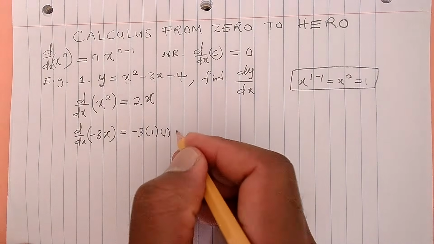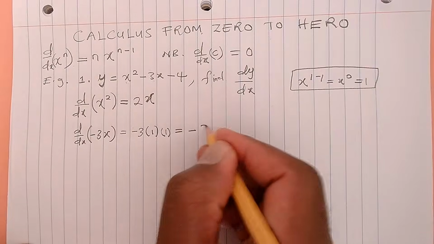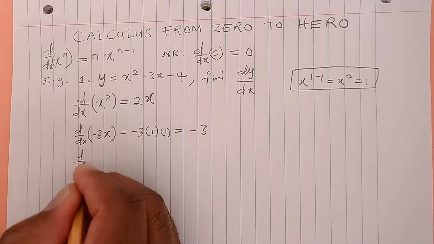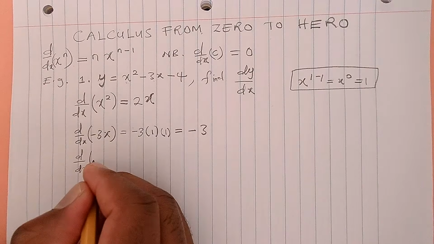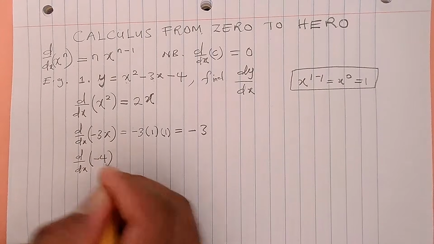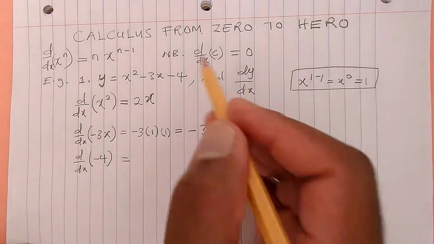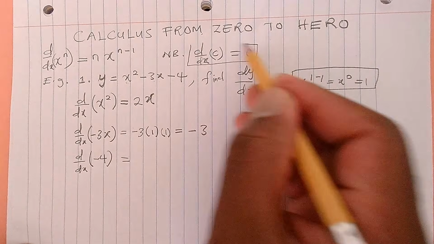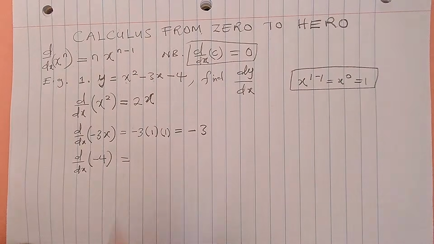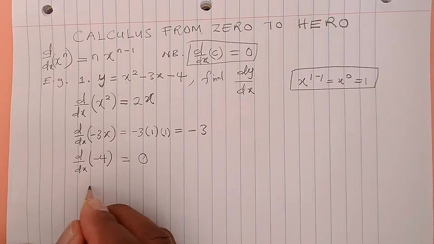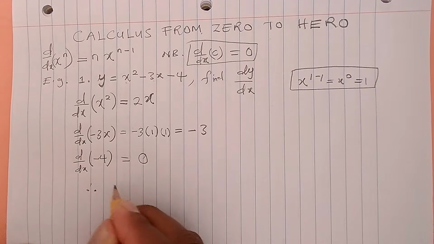So this becomes negative 3. Then the last one is d/dx of negative 4. Because this negative 4 is a constant, the derivative of a constant is 0. So this becomes 0.